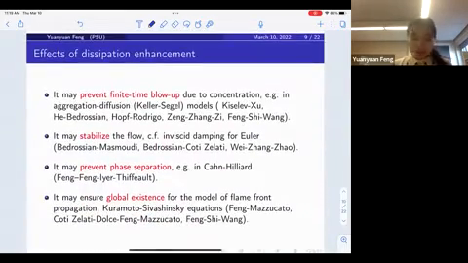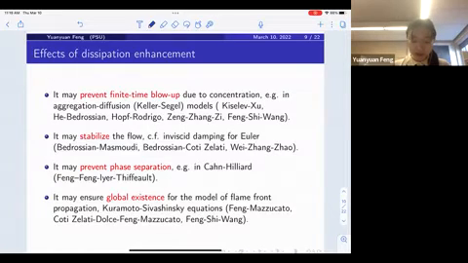So why are we interested in dissipation enhancing flows? Because they bring some nice effects when added to some known systems. For example, they may prevent finite time blow up due to concentration.